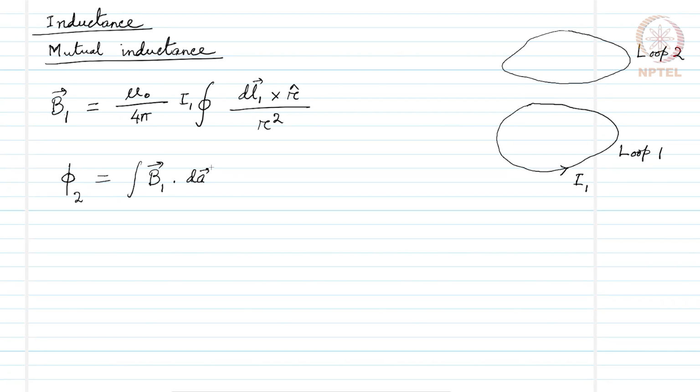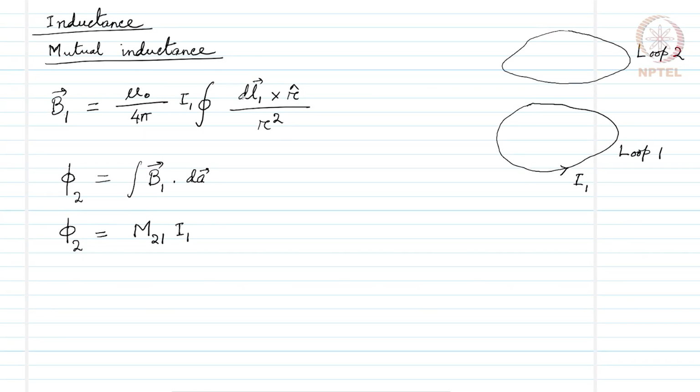So, if we now for simplicity write down that phi 2 equals M21 times the current, which we can do because everything else is a constant of the geometry. M21 is a constant of the geometry, only I, the current, is something that we can change in loop 1, and that leads to a magnetic flux in loop 2.